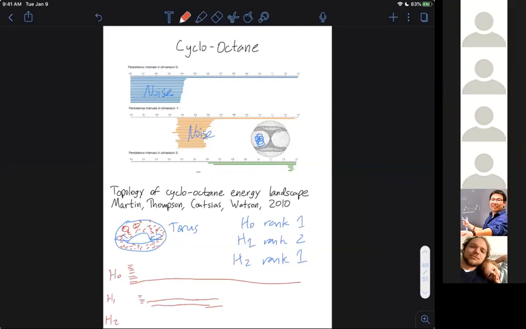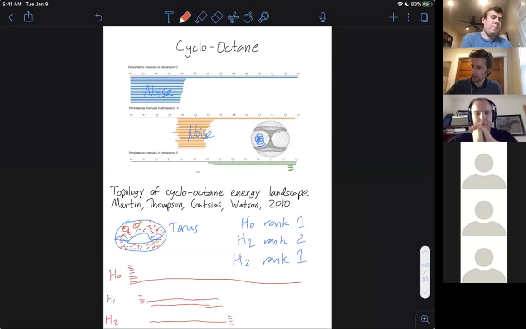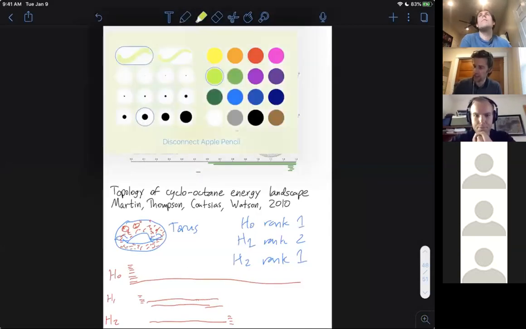And also, once the union of the balls is a reasonable model for the torus, you'll have this two-dimensional thing. So it's a little bit of an art saying what is the signal and what is the noise.